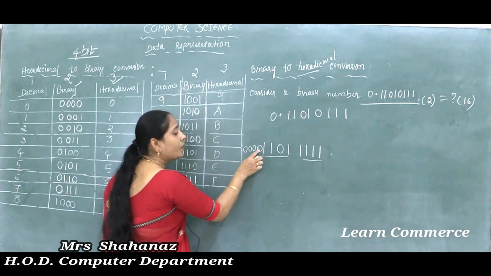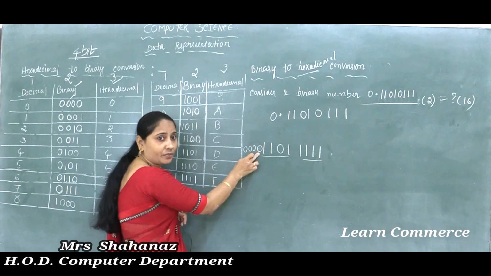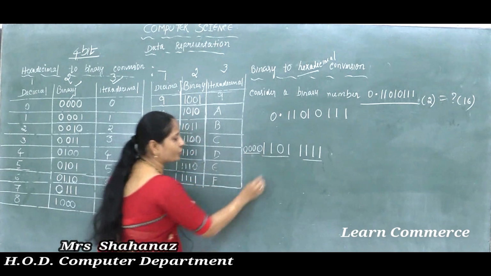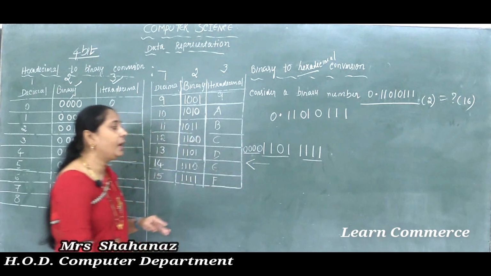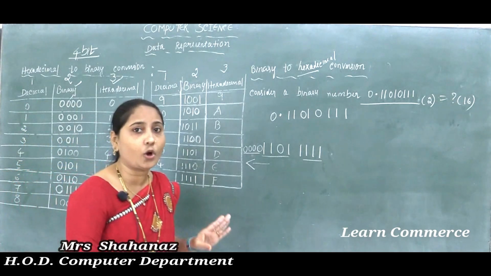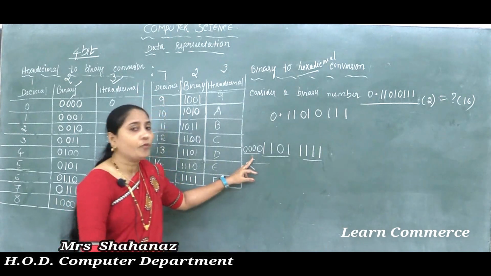Clear this point here? Maybe in this case just only the 0 is there, that means we know that in one group we need to use the 4 bits. So with no fractional point, at that time we need to add the 0 in our MSB level in order to complete a grouping of 4 bits. Correct?